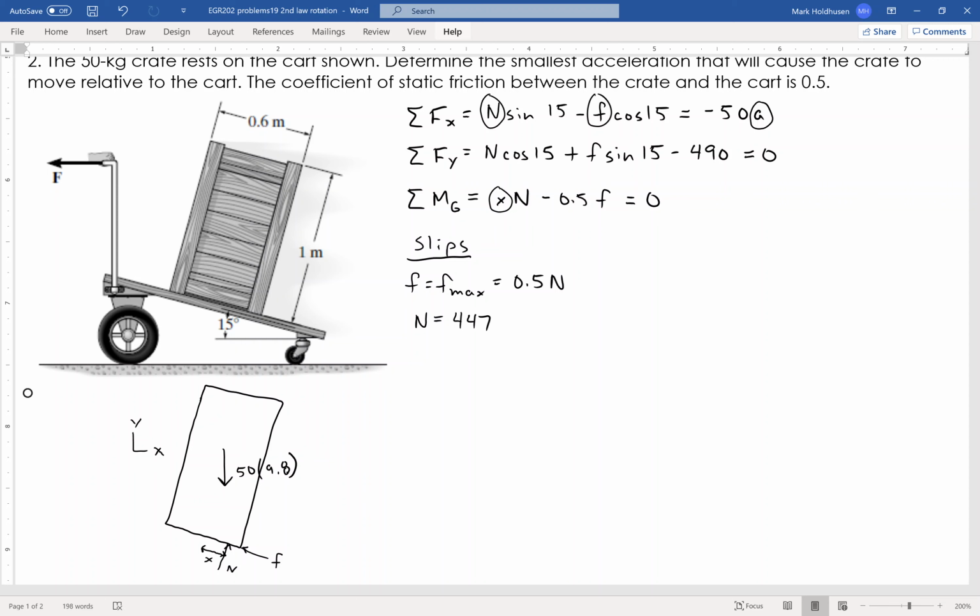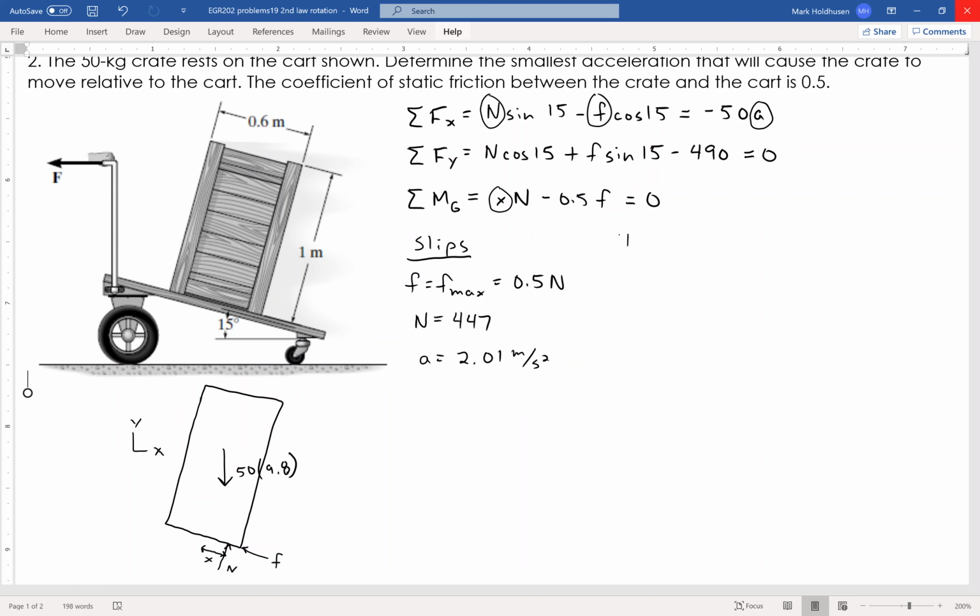Once I know that normal force and the friction force, which again is 0.5 times that 447, I can plug both of those into my x equation and find that my acceleration for it to slip is 2.01 meters per second squared. Now that may or may not be the answer. I've got to figure out what acceleration causes tipping, and from that I can figure out which one actually occurs.